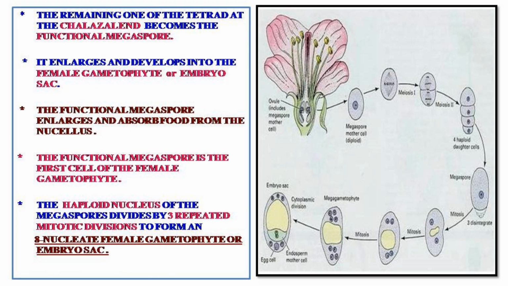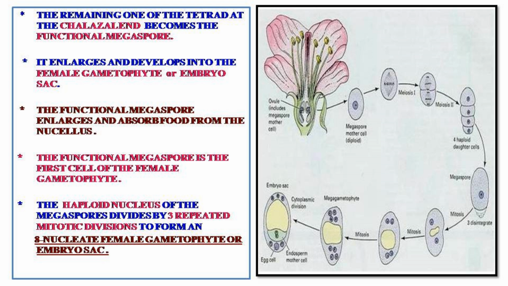In this slide, along with the diagram, we are going to discuss about the changes of the functional megaspore, divisions of the functional megaspore, and how it becomes a female gametophyte or an embryo sac. The functional megaspore enlarges and absorbs food from the nucellus, the nutritive tissue. The functional megaspore is the first cell of the female gametophyte.